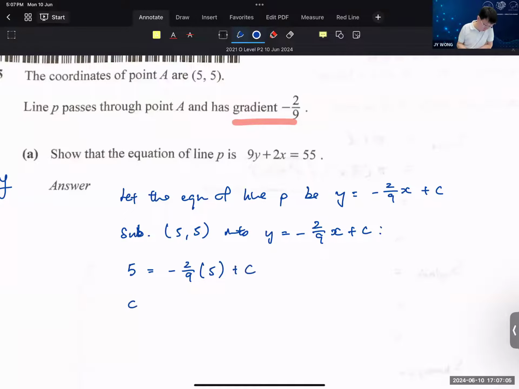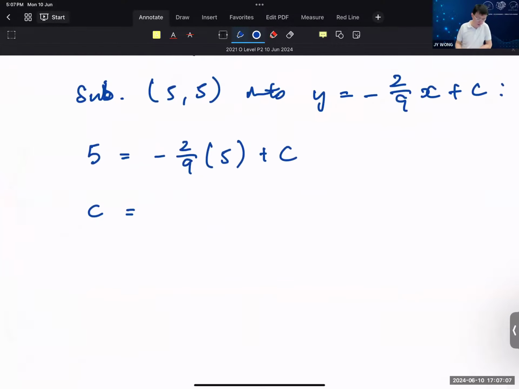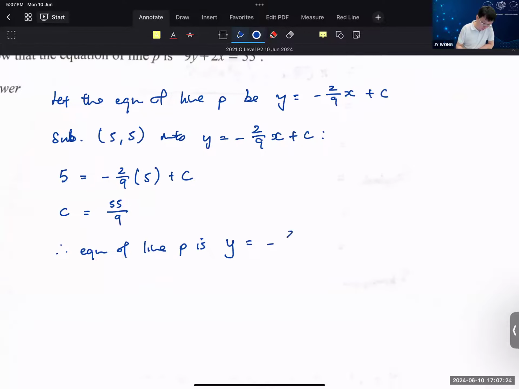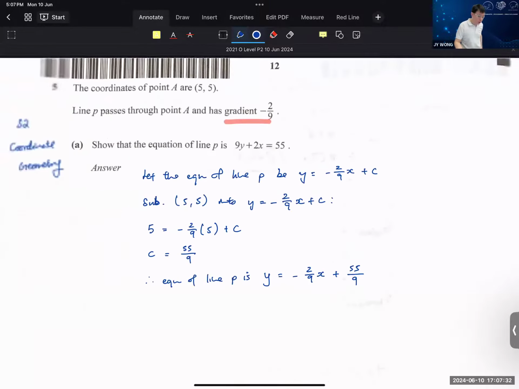And therefore, your y-intercept c is equal to 55 over 9. Therefore, the equation of line P is y equals negative 2 over 9 x plus 55 over 9. So this is your general y equals mx plus c form.